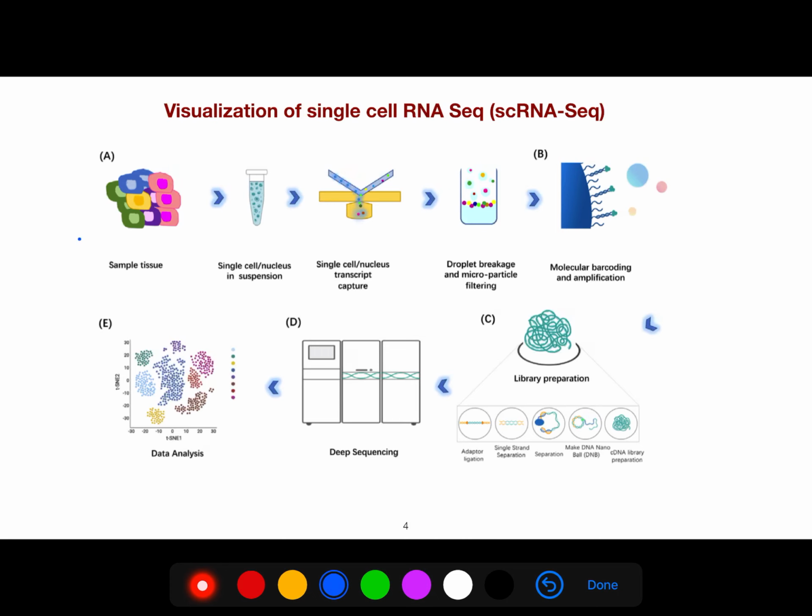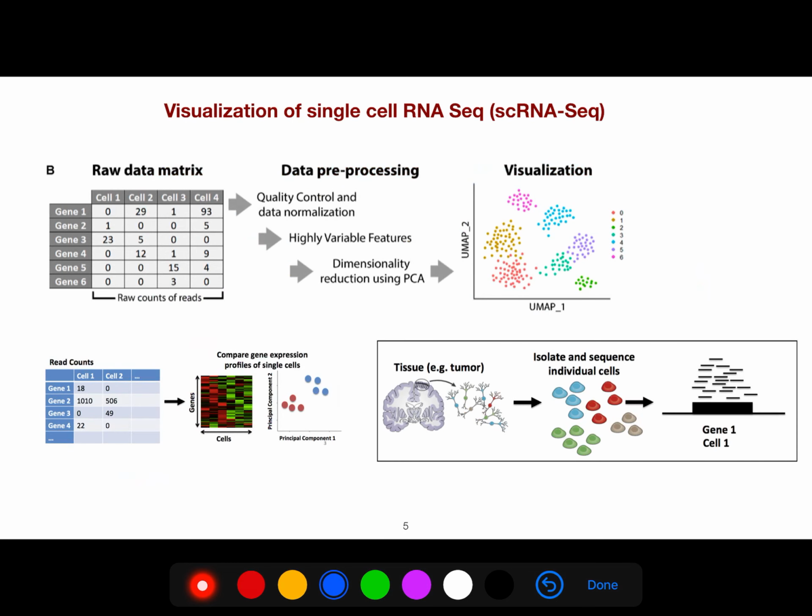If you have a tissue of your body, you have a single cell, and then you have some techniques such as in microfluidics. We don't care about that. We just care about the sequencing, that after sequencing we can do a dimensionality reduction to reduce the dimensions, because as you see, we could have thousands of genes.